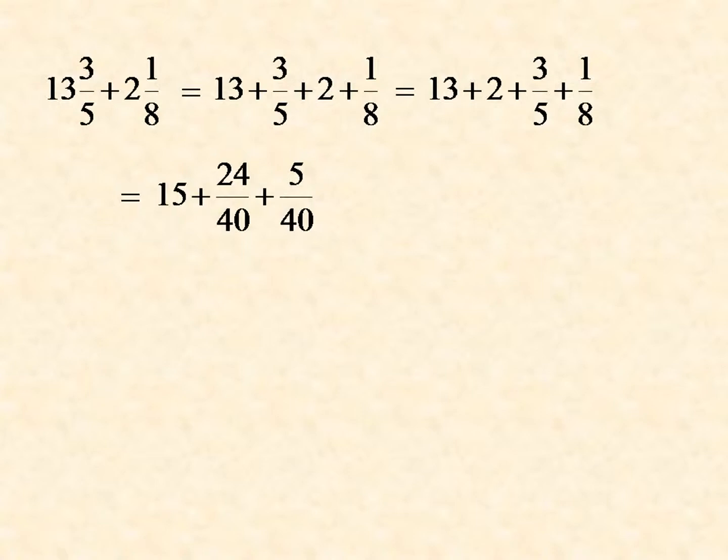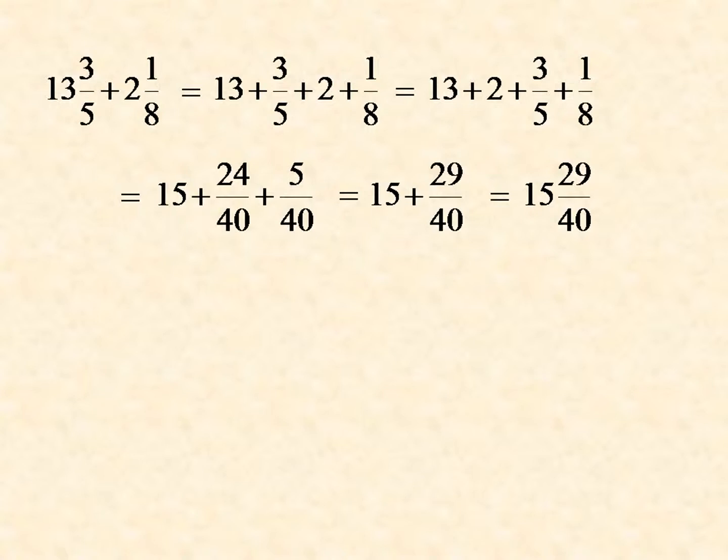And in order to add 3/5 and 1/8, we must get a common denominator. 3/5 is 24/40, and 1/8 is 5/40. So we have 15 plus 24/40 plus 5/40. This gives us 15 plus 29/40, which is 15 29/40.